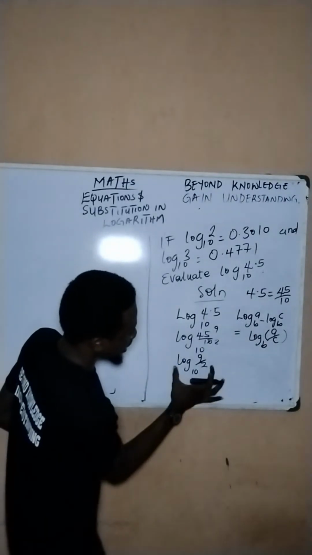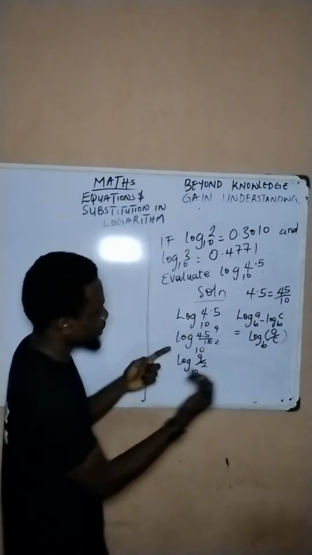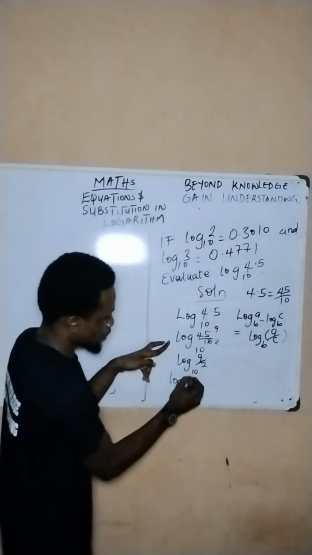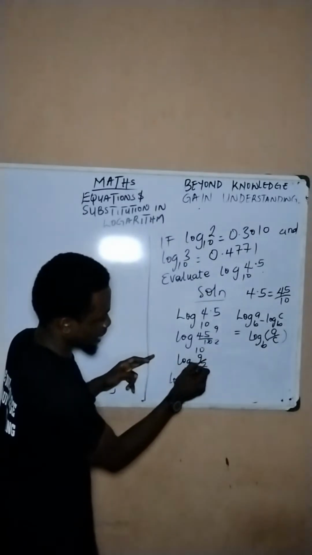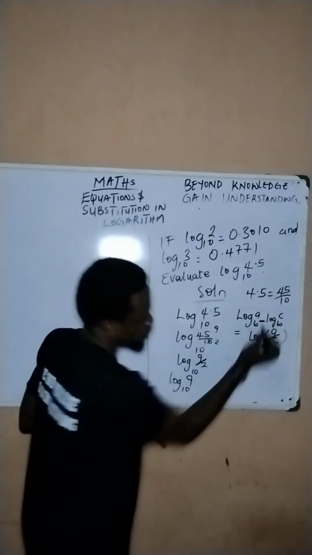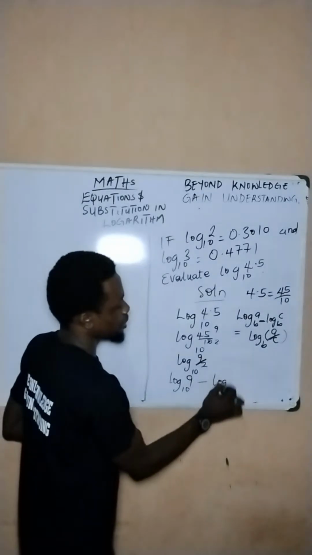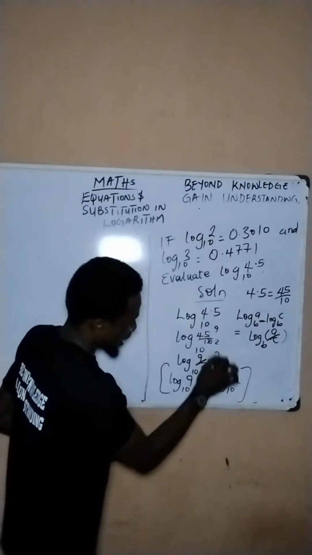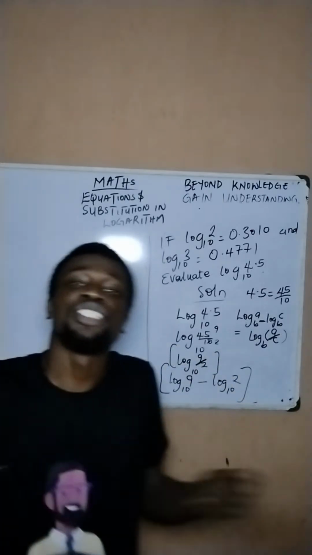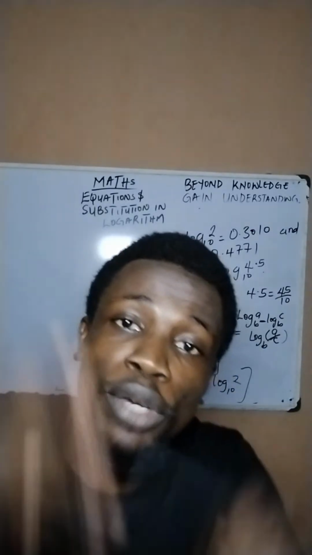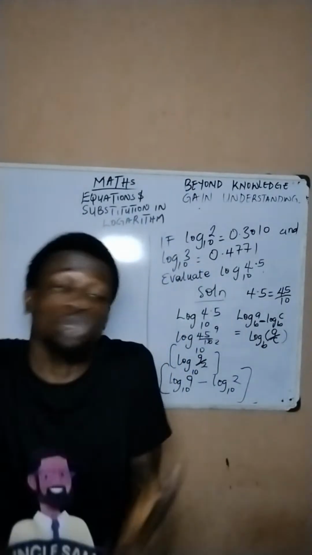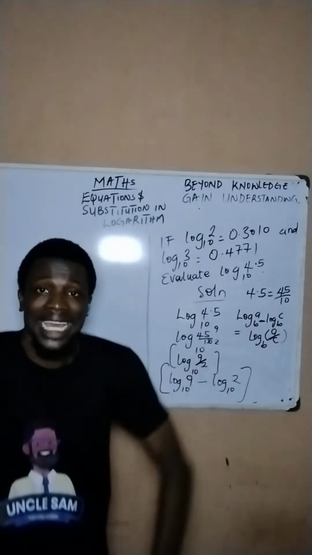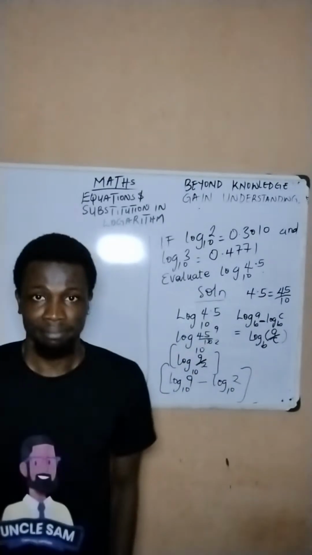So representing this in terms of the original expression simply means that we're going to have log base 10 and then 9 will come first. This division here will now change to subtraction, minus the same log to the base of 10 and then 2. This and this are the same thing according to the laws of logarithm. Putting it this way will help us in actualizing our dream.